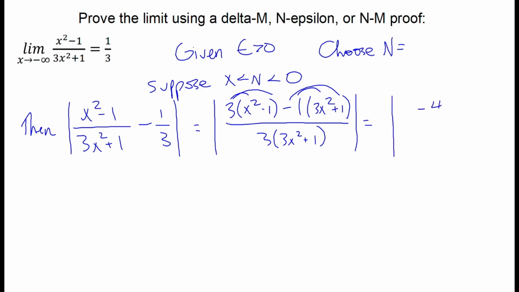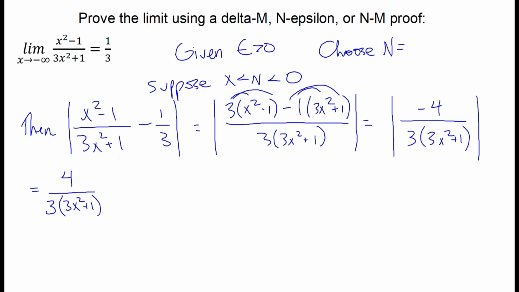So we have negative 4 over 3 times 3x squared plus 1, all inside of an absolute value. Well, 3x squared plus 1 is positive no matter what. And so then we really just have a negative inside of that absolute value, which we can clear off by just getting rid of the negative. So the absolute value of negative 4 over 3 times 3x squared plus 1 is the same as just 4 over 3 times 3x squared plus 1.